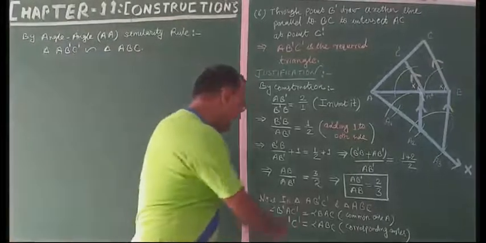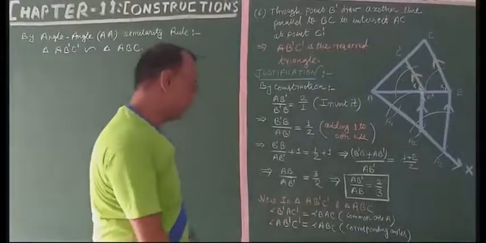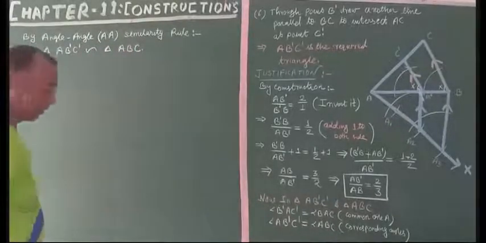By angle similarity rule, the triangle A B dash C dash and triangle ABC, they will be similar.